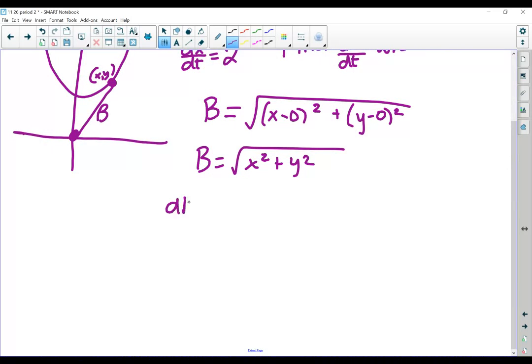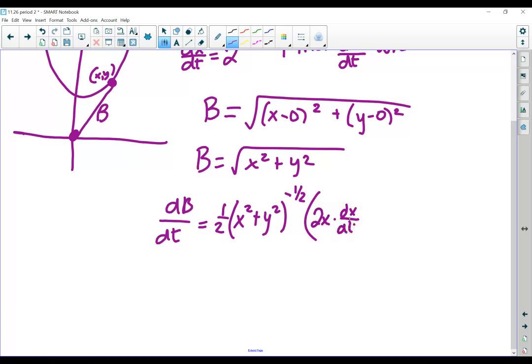Now I need to find dB/dt. So I'm going to use chain rule here. So I'm going to bring down the 1/2. Then it's going to be x squared plus y squared to the negative 1/2 times the derivative of what's inside. So it's going to be 2x times dx/dt plus 2y times dy/dt. And there's my function.